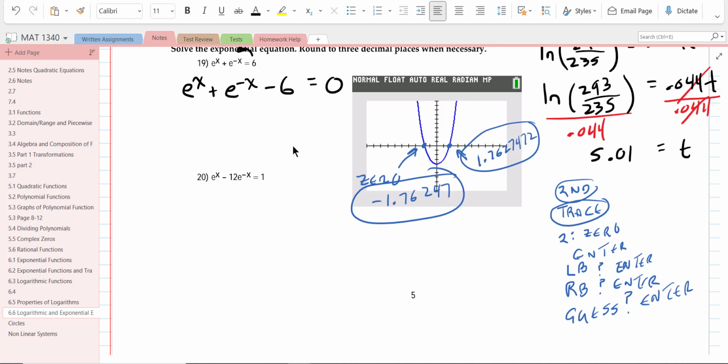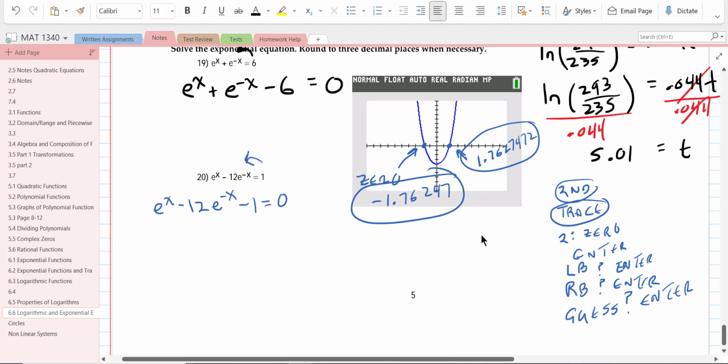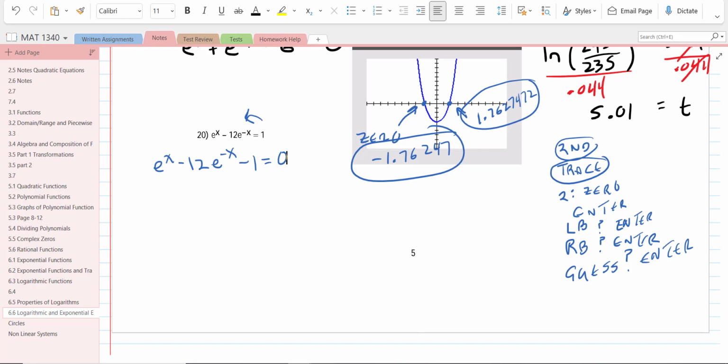I'm going to have you all just try this second one here. First thing that you want to do is move the one to the left side and then put it in your graphing calculator, and we'll see what you all get on that. Just see if you can solve this with a graphing calculator.